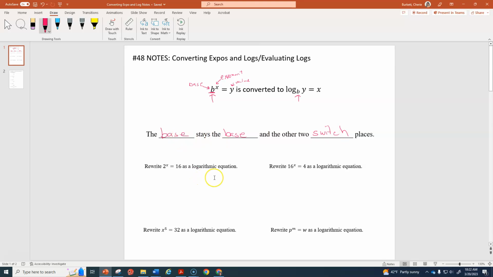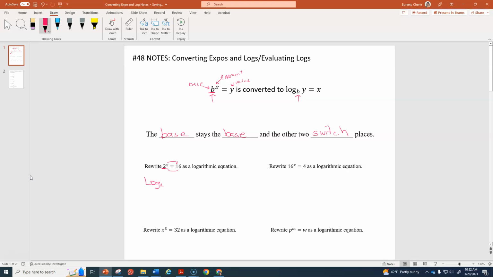So that's what we do. We switch places. When it's asking me to rewrite, I literally do not worry about the value. I don't think about 2 raised to what power gives me 16. I'm not thinking about that yet. All I'm doing right now is rewriting it. The base of the exponent is 2, so that's going to be the base of my log base 2. The other two things switch places.